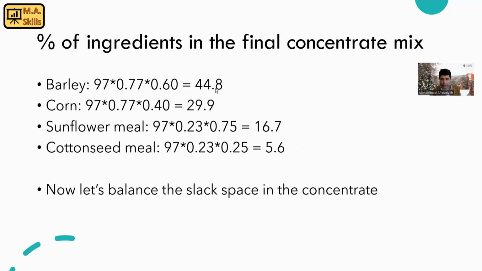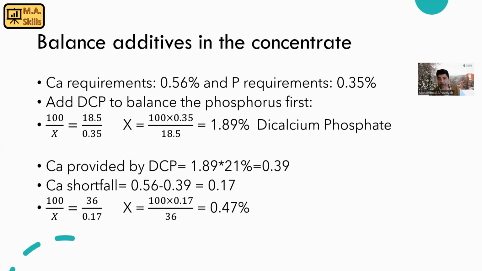So 44.8% barley plus 29.9% corn plus 16.7% sunflower meal and 5.6% cottonseed meal, they should add up to 97%. And we have 3% slack space, right? So we're gonna balance the slack space area or feed additives.